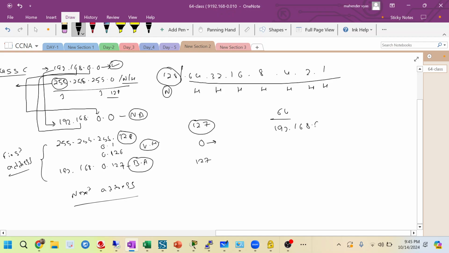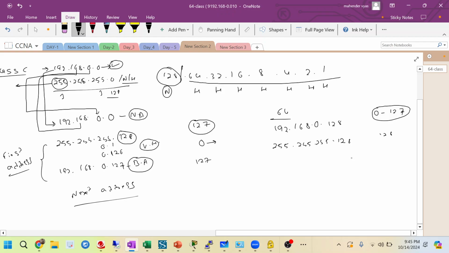I don't want to waste the 0 dot series, I want to use all of it. With 255.255.255.128, I already used 0 to 127 addresses. What would be my next address? 128 is available now, so 128 would be my next address.